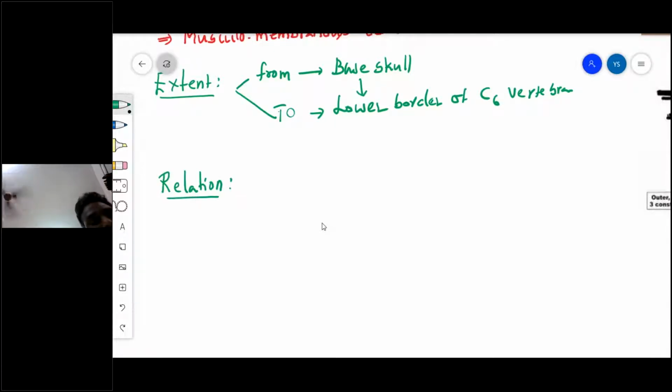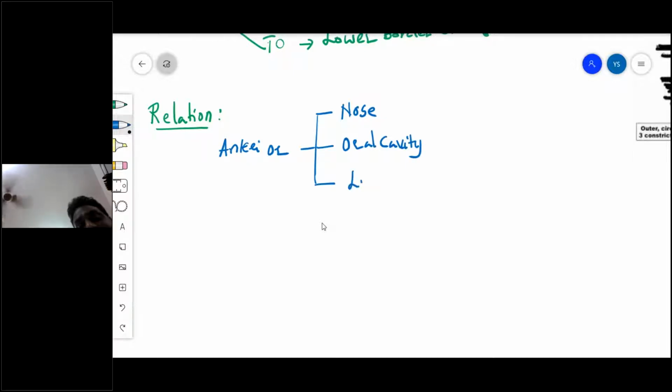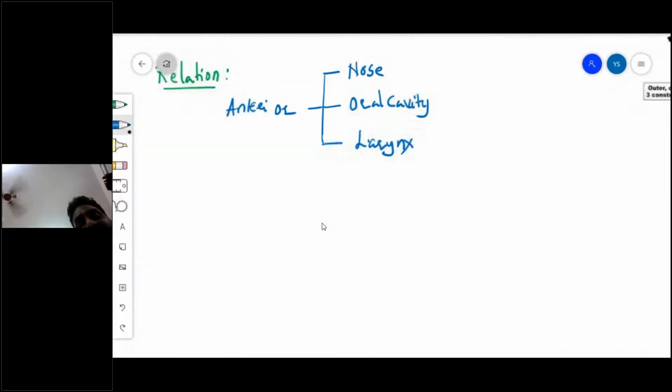Anteriorly, already I told you, it communicates with the 3 parts. What are the 3 parts? Nose, oral cavity, and larynx. So anteriorly it communicates with the 3 parts.